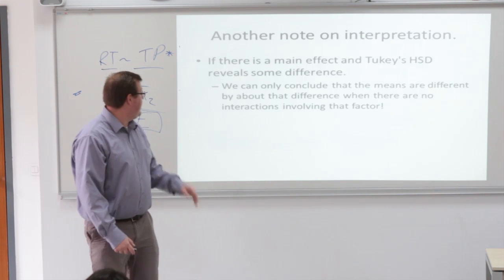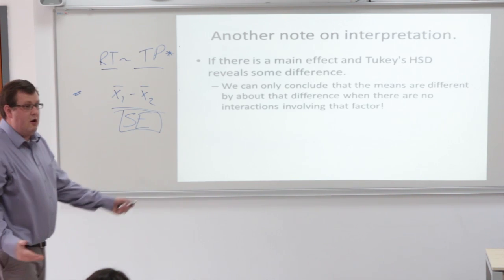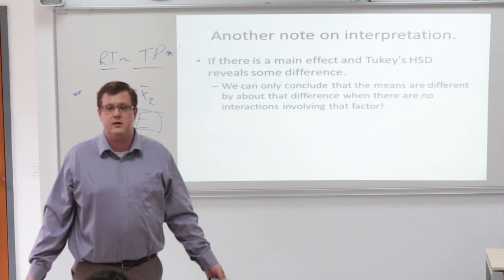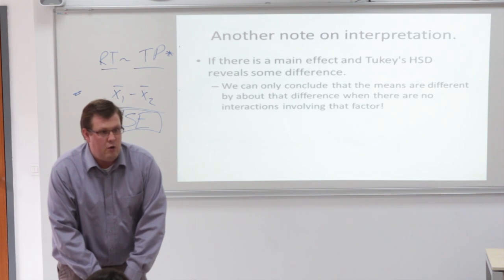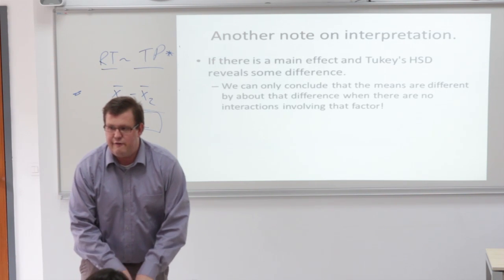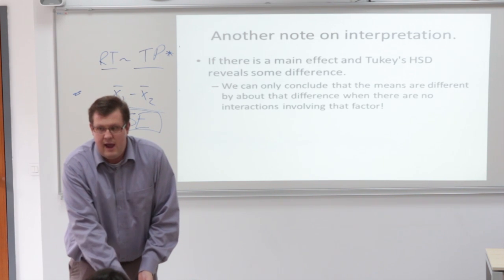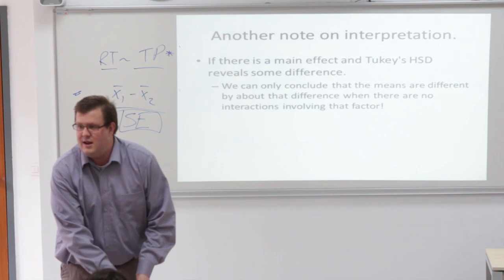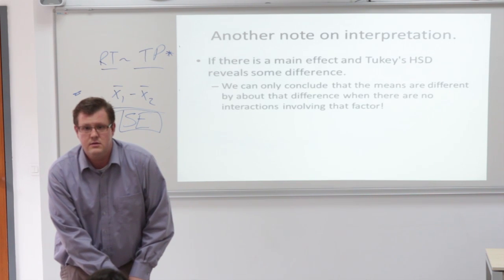But there's a problem with that. We can only conclude that the means are different by about that difference when there are no interactions involving that factor. Right? The main effect, if there are no interactions, then that means that that effect is basically what it is by itself. But when there's an interaction involving that factor, that means that its effect actually depends on something else. It's not constant, it varies.